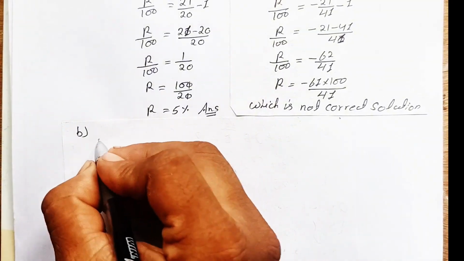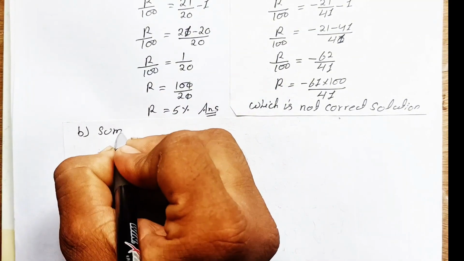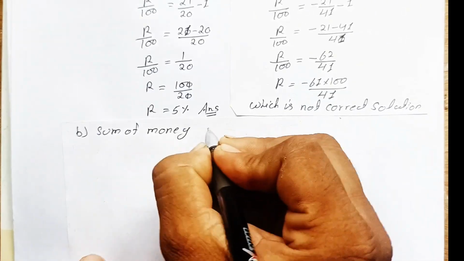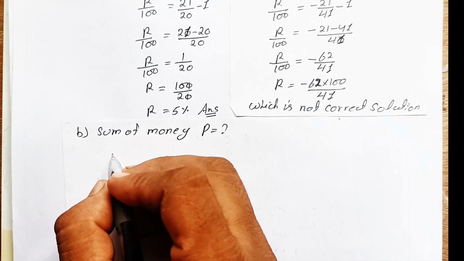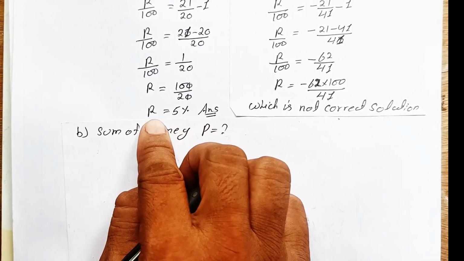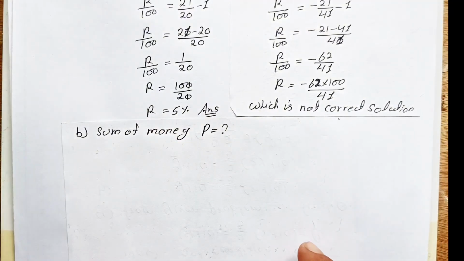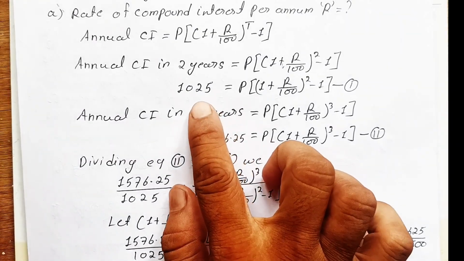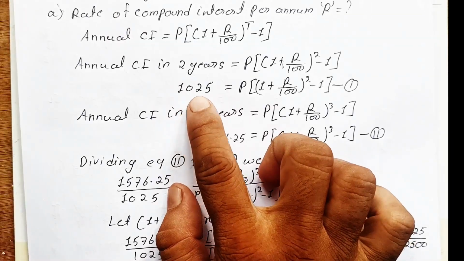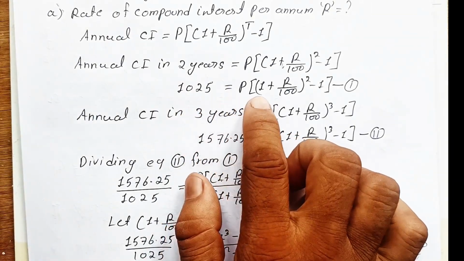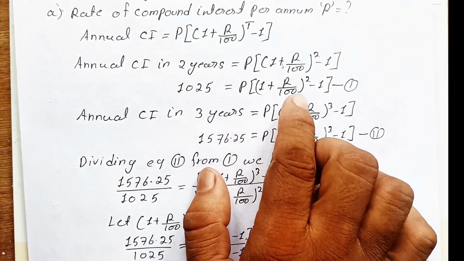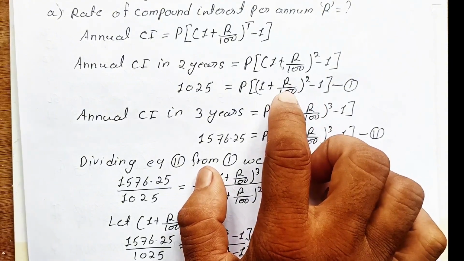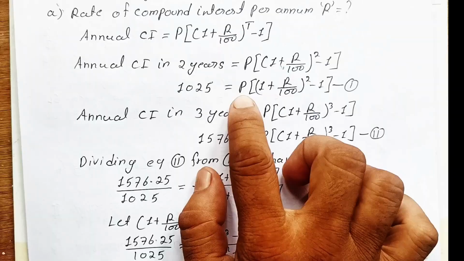We put the value of rate r in equation first. The equation first is 1025 equal to p times (1 plus r by 100) power 2 minus 1. So we put the value of r here to obtain the principal sum of money.